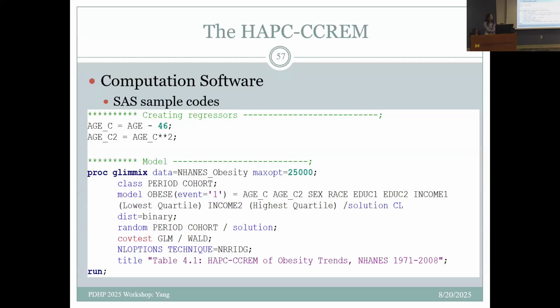The solution option requests the program to output the random effect coefficients for you, just the same as the solution for the fixed effects part of the model, which outputs the fixed effects estimates. COVTEST requests the statistical test for the random variance components.